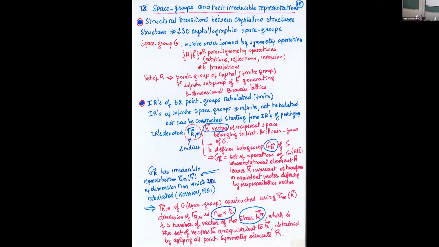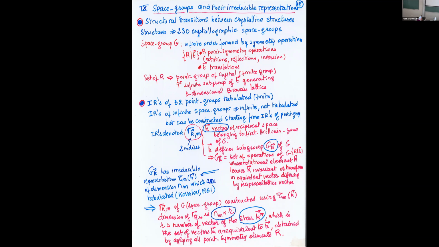So how do you construct the final irreducible representation gamma from tau m of K, which is tabulated by Kovalev? First, you must know that gamma has the dimension n multiplied by r, where r is the number of vectors of what is called the star of K, which is the set of reciprocal vectors of the first Brillouin zone equivalent to K, obtained by applying all point symmetry elements R. Once you know that, you have to take an example and try to construct the irreducible representation.